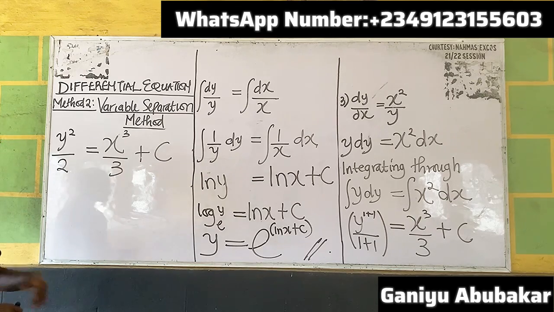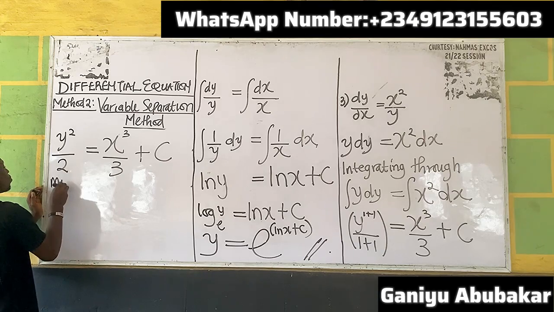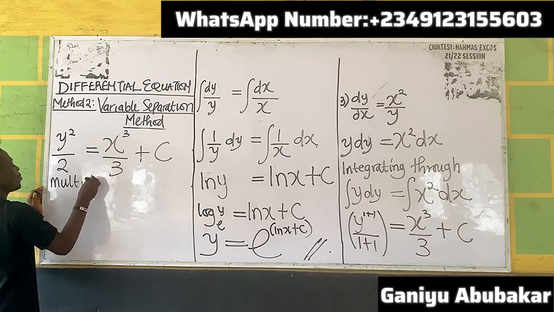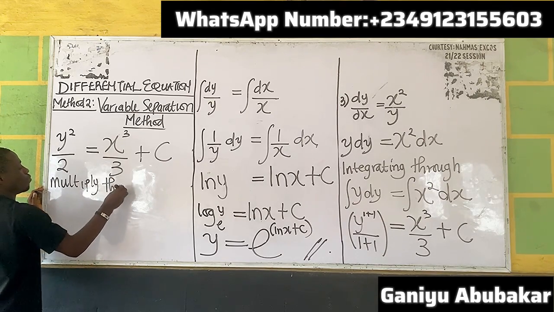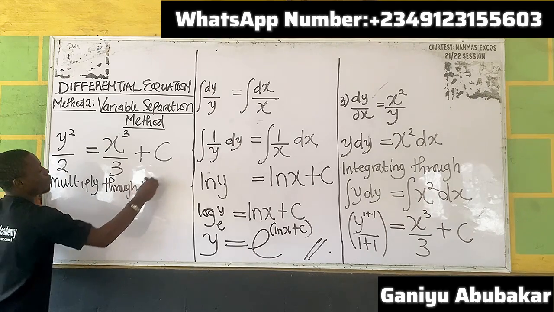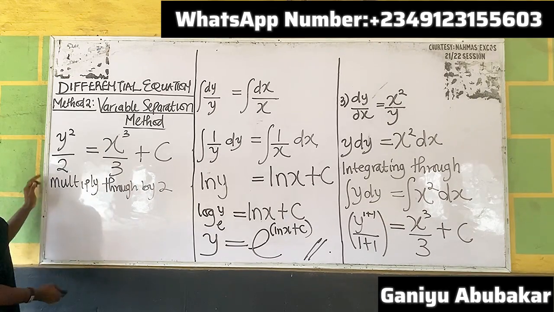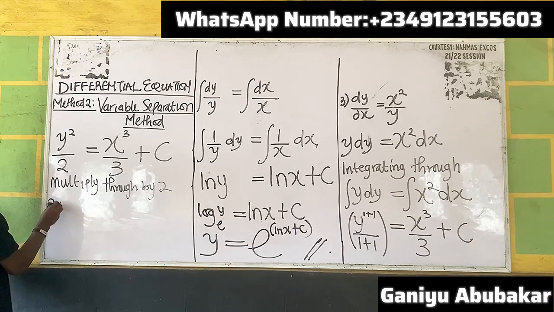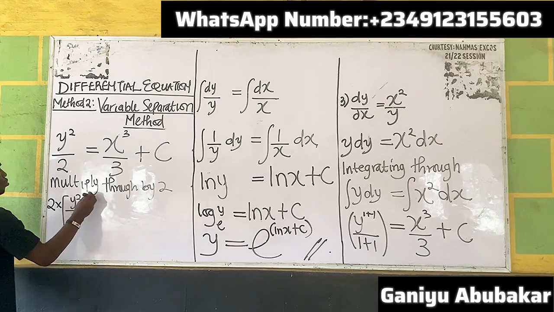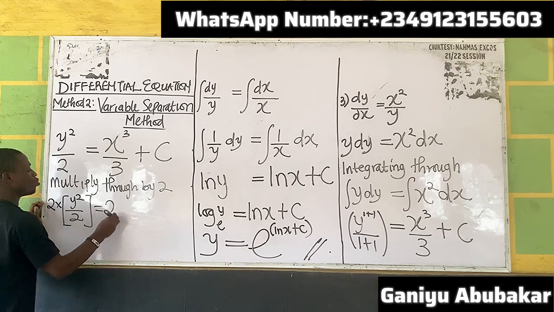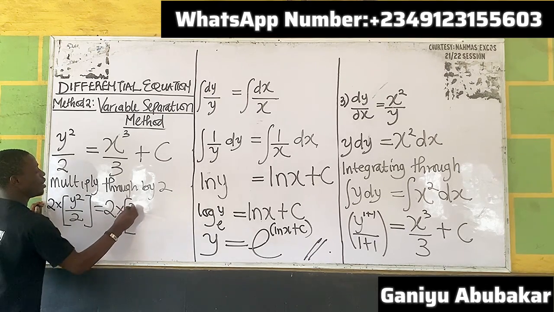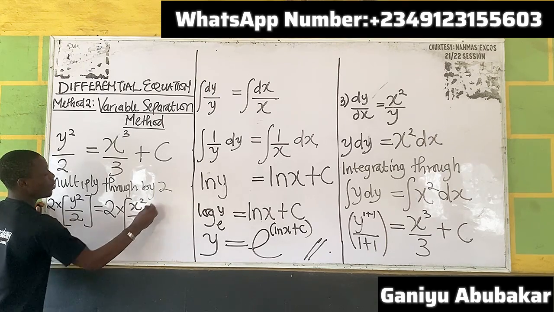Perhaps I can multiply through by 2. That gives you 2 times everything here, y squared over 2, equals 2 times everything on the other side, x cubed over 3 plus c.